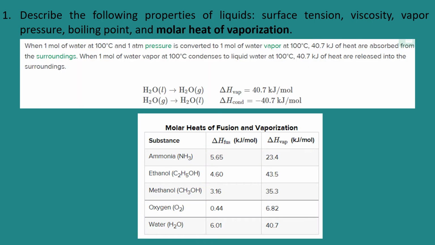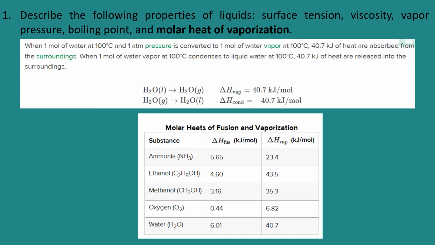So let's now take the case of water. 1 mole of water at 100 degrees Celsius and at 1 atmospheric pressure is converted to 1 mole of vapor at 100 degrees Celsius. It takes about 40.7 kilojoules of heat absorption from the surroundings.